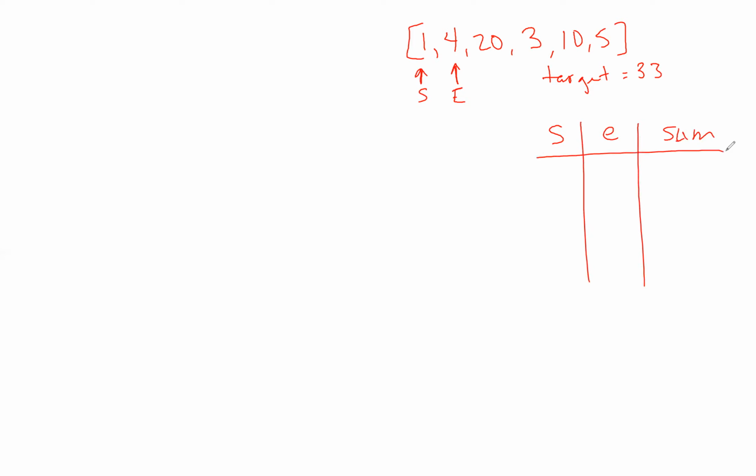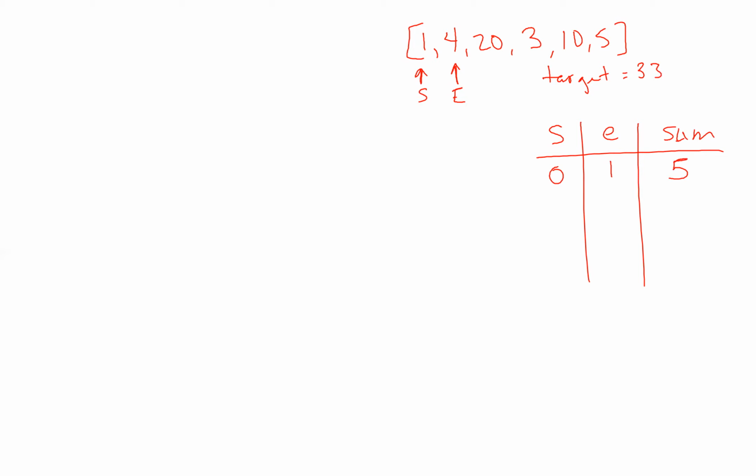And what we'll do is just keep a running sum. So if start is at 0, E is at 1, sum would start at 1 plus 4, which is 5. And then we would look at it and say, is the sum equal to the target? It's not. Is sum less than the target? Yes, it is.